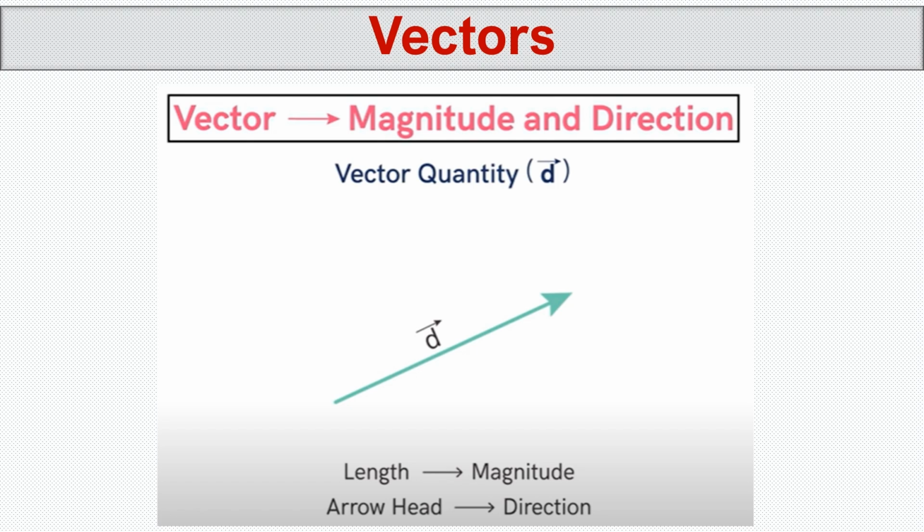Next, look at this. We can summarize a vector like this: the length is the magnitude, and the arrowhead is the direction. The arrowhead points in the direction, and the length is the magnitude of the vector.